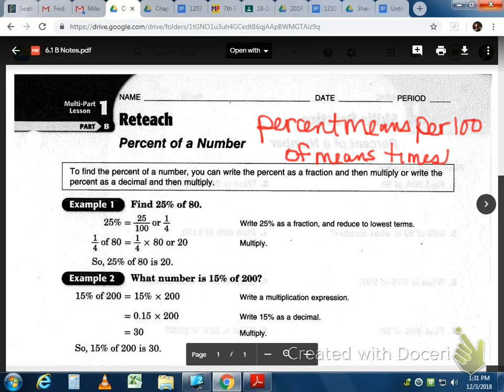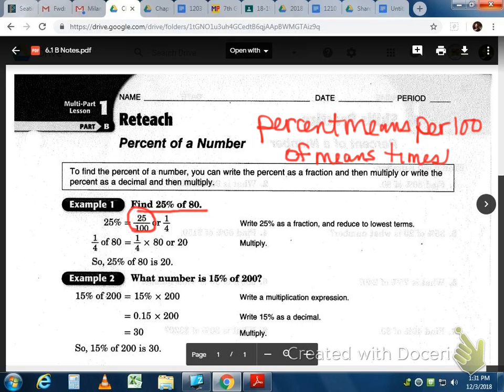I think you would be much better off most of the time taking the percentage and changing it to a decimal. So what they're showing you on this first example, it says find 25% of 80. Since it's 25%, and percent means per 100, it is 25 over 100. It's 25 out of 100.